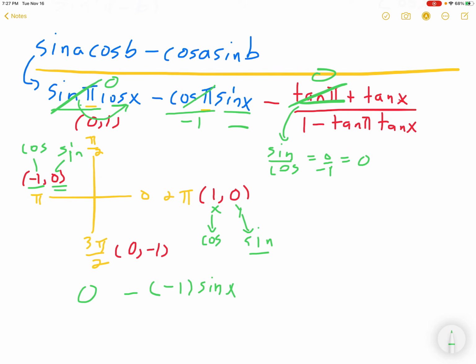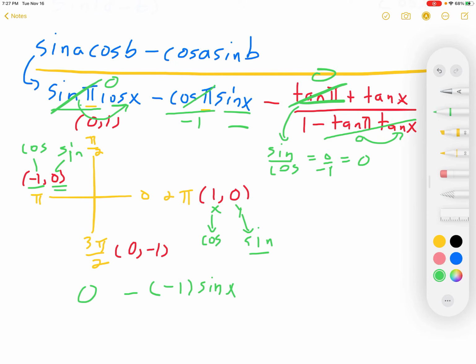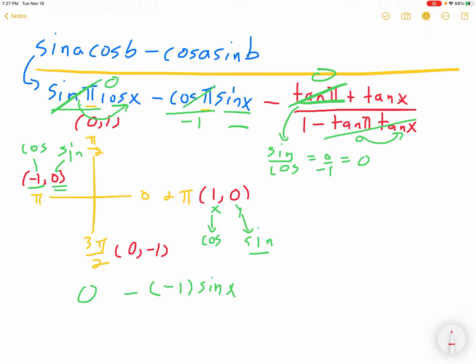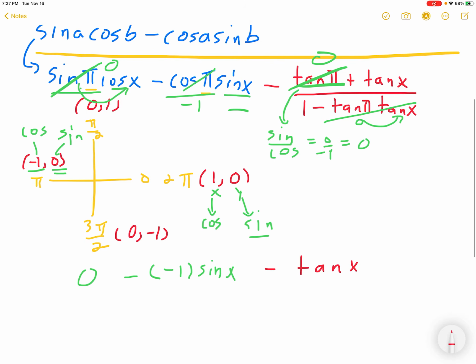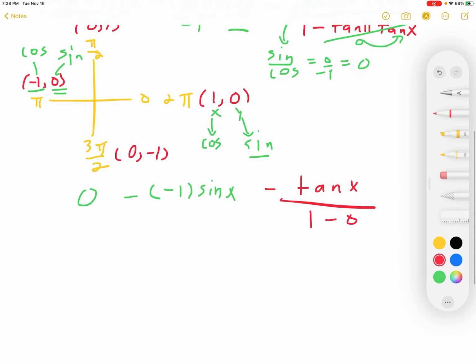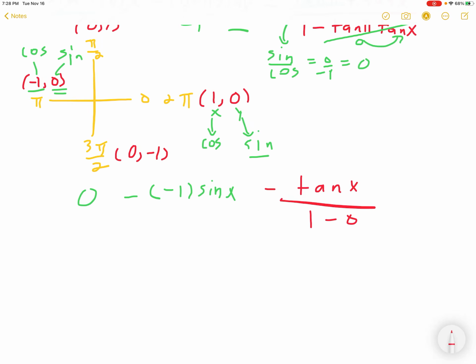And in fact, so would all of this, because tan pi would be 0, and 0 times tan x would give us 0. So on this part of the left side, we would have minus tan x divided by 1 minus 0, which would really just be tan x over 1, or tan x.